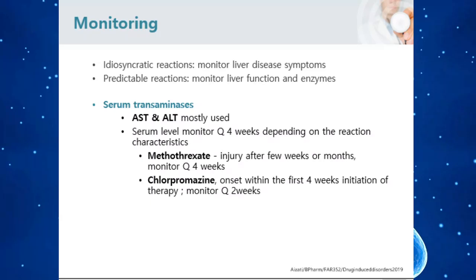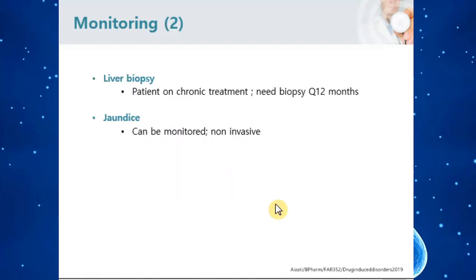For chlorpromazine, if the onset is within the first 4 weeks of initiation, we want to monitor even more frequently. And liver biopsy is needed when the patient is on chronic treatment of a certain medication. And jaundice is also one of the easiest parameters to monitor.